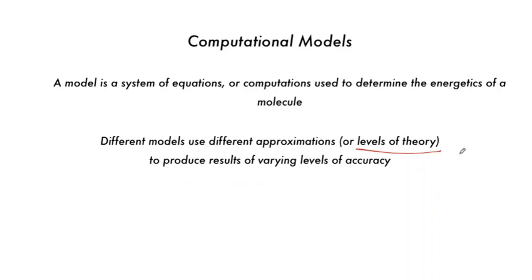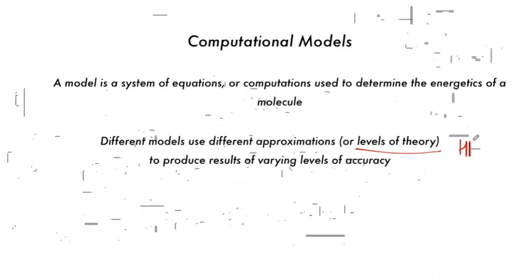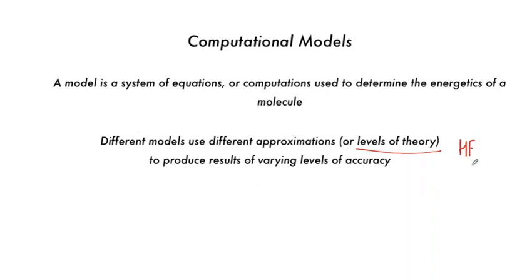of accuracy. The HF, the Hartree-Fock theory that we use, is a very simple theory compared to some of the others. So it lacks a little bit of accuracy in certain aspects. Some aspects it's actually very good, but for other things it's maybe not the best.